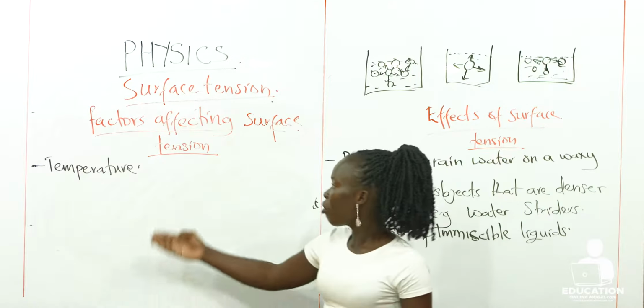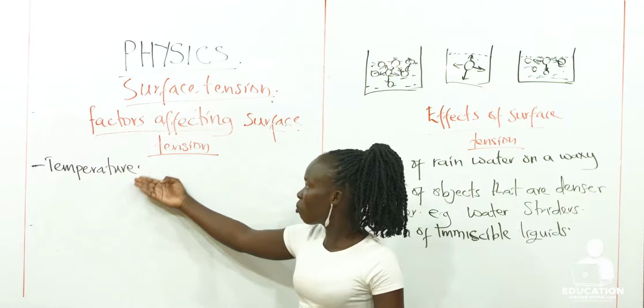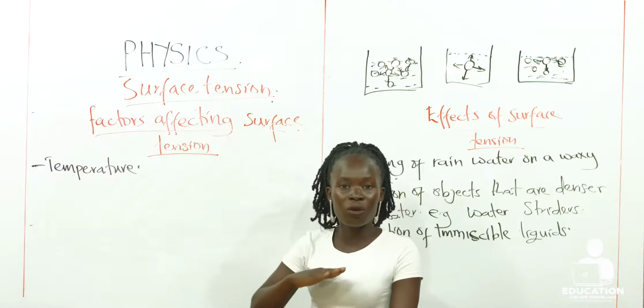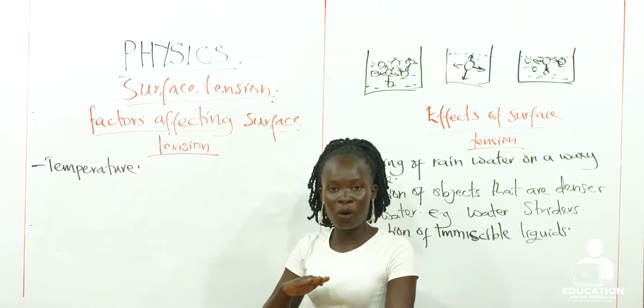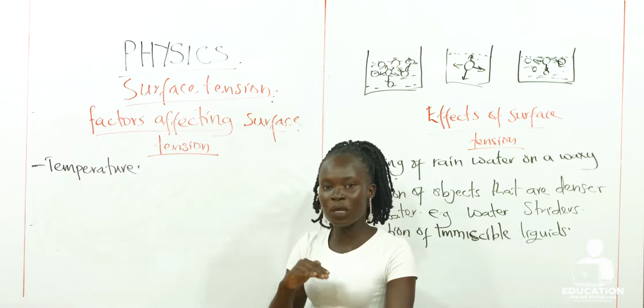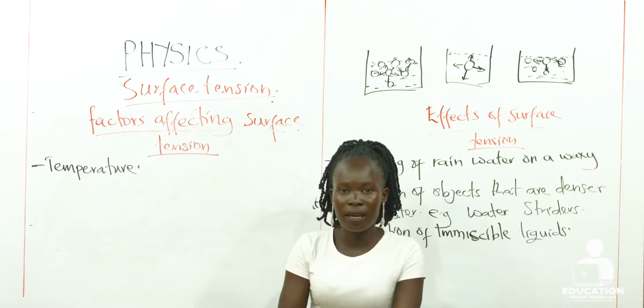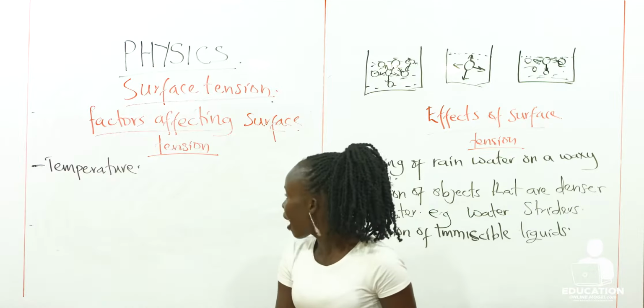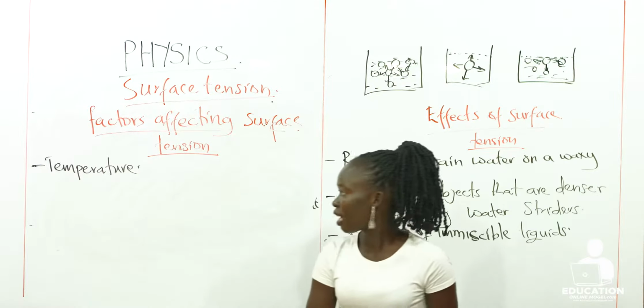So the moment you increase the temperature of the liquid and you put an object on top of it, it will not remain on top because the elasticity has been broken. It will sink instead. So the other factor we have there is impurities.